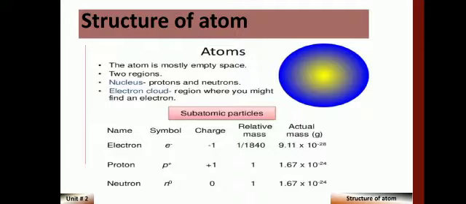The actual mass of an electron is 9.1 multiplied by 10 power minus 28, proton is 1.67 multiplied by 10 power minus 24, and neutron is also 1.67 multiplied by 10 power minus 24. As the charges on electron and proton are equal, -1 and +1, they cancel each other and the atom is called a neutral particle.